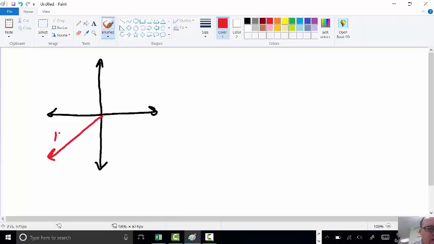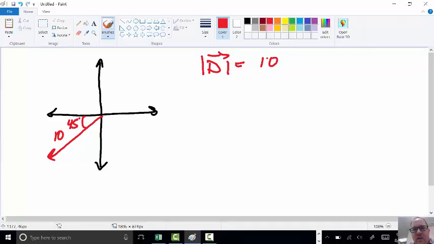Let's say it's 10 units long, and let's say this angle happens to be 45 degrees. Okay. So remember, D has a magnitude of 10. Magnitude is a fancy word for size. The way you can just talk about the magnitude is you can put the vector in absolute values. And so we can say vector D is equal to 10.